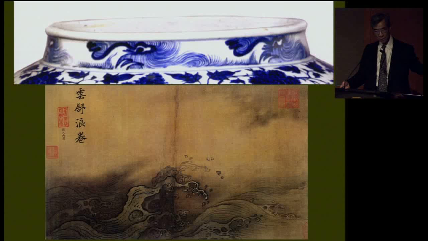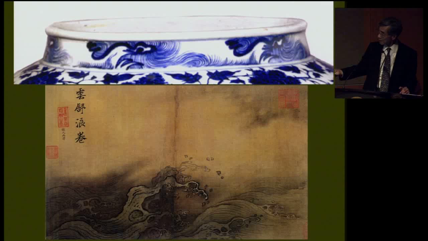At the entrance to the Imperial Academy in Kaifeng, the capital of the Northern Song, when you enter the front door, you're faced with a big screening wall of wave painting. And this is one of the few surviving examples of Song wave painting, and is copied on blue and white as a border decoration.